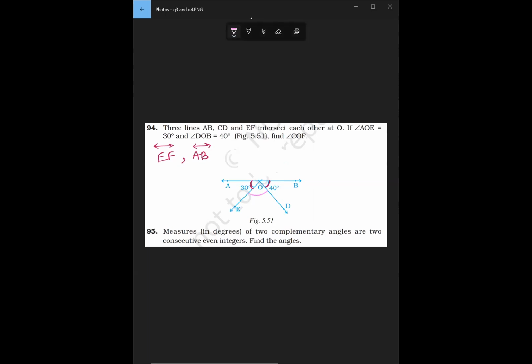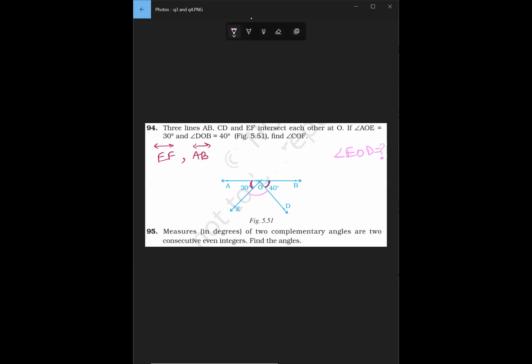Which angle can you see again? Angle EOD. What do you think angle EOD will be? 90 degrees. Why do you think it will be 90? Just because it looks like 90?